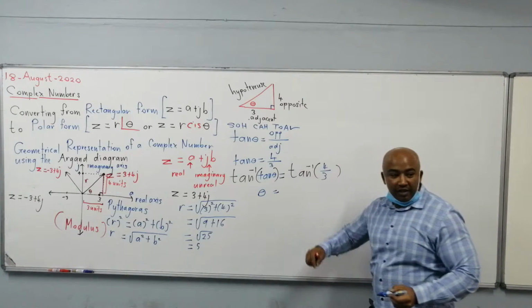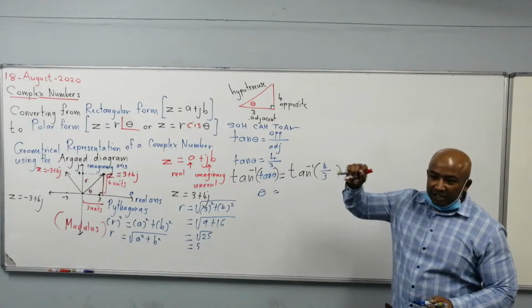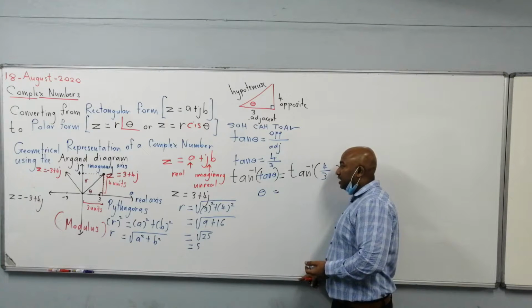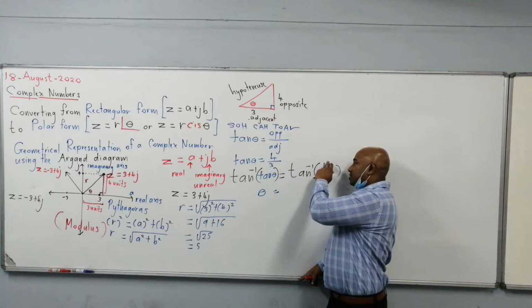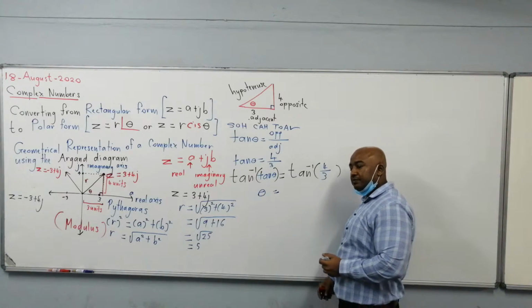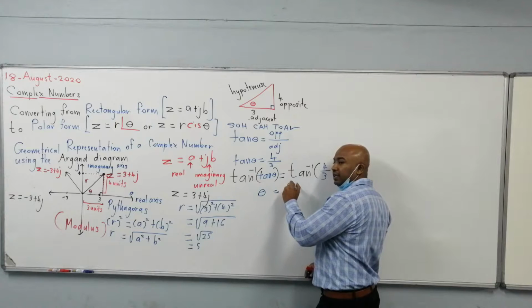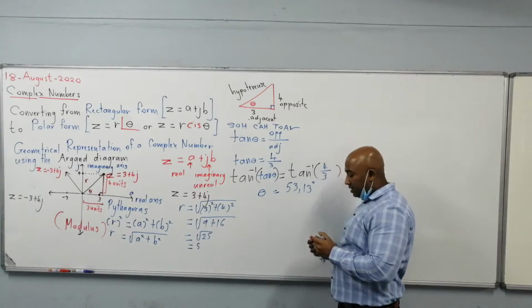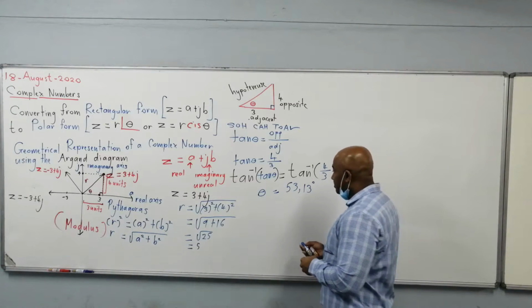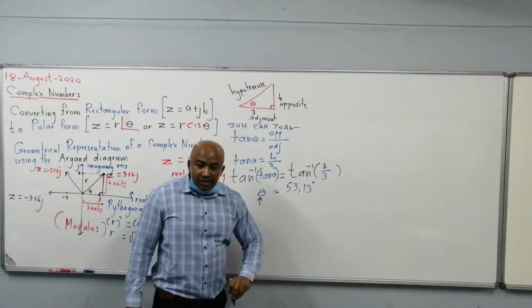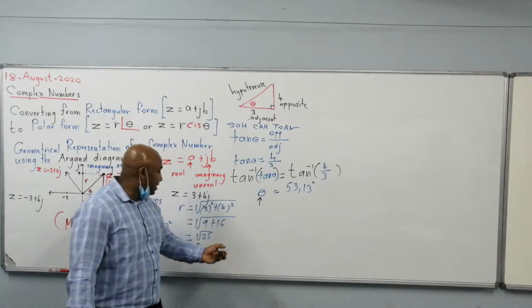That means on the calculator you're going to go shift, second function, tan. Make sure your calculator is in degrees here. So that's 4 over 3. What do we get? 53.13 degrees.